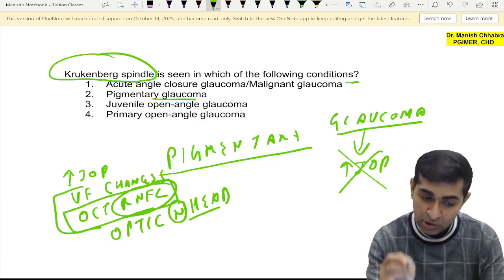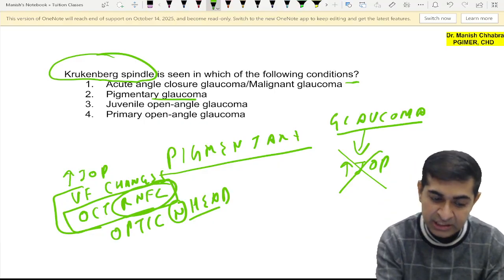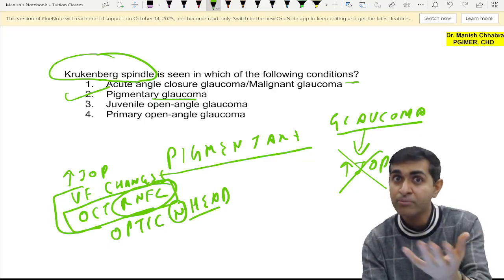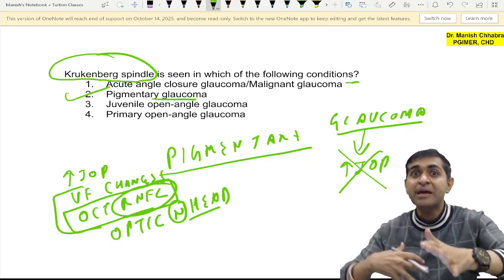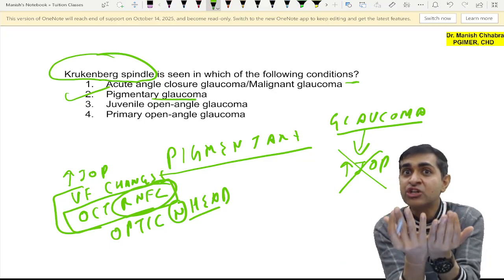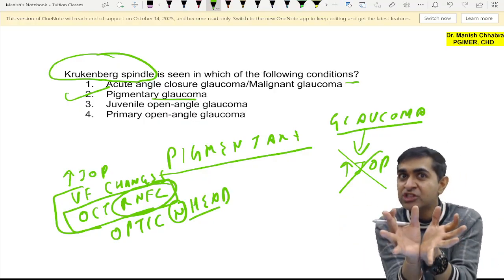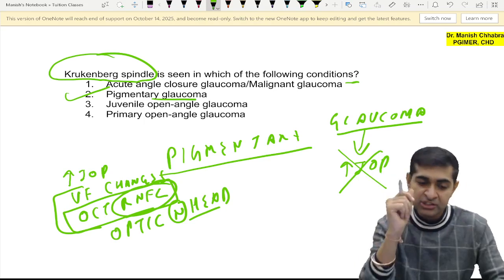Okay, so of course Krukenberg spindle is seen in pigment dispersion syndrome or pigmentary glaucoma. That means pigment dispersion syndrome has led to raised intraocular pressure, which has further led to optic nerve head changes or visual field changes, right?